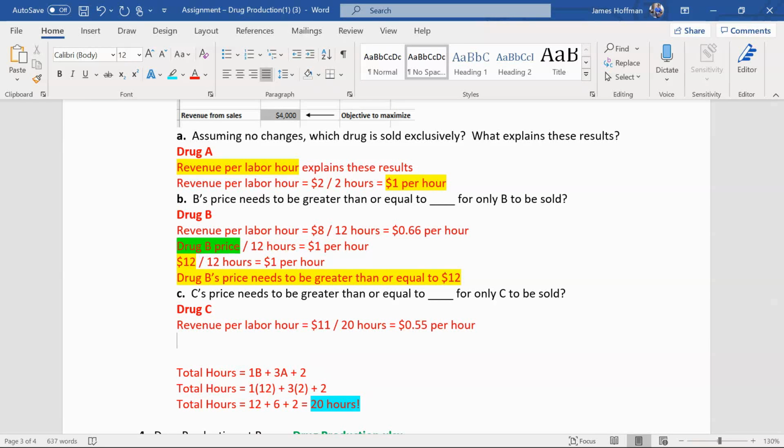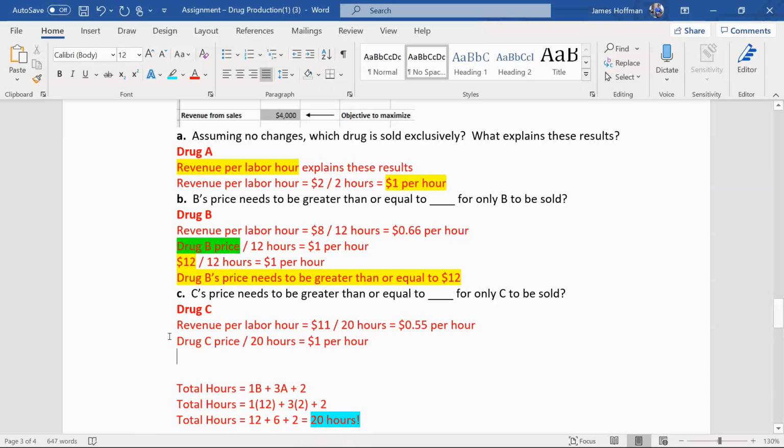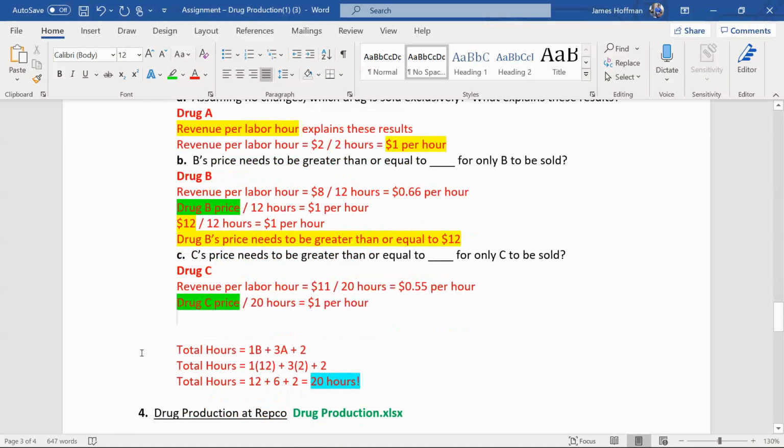Now let's figure out what drug C's price has to be to equal $1 per hour in revenue per labor hour.